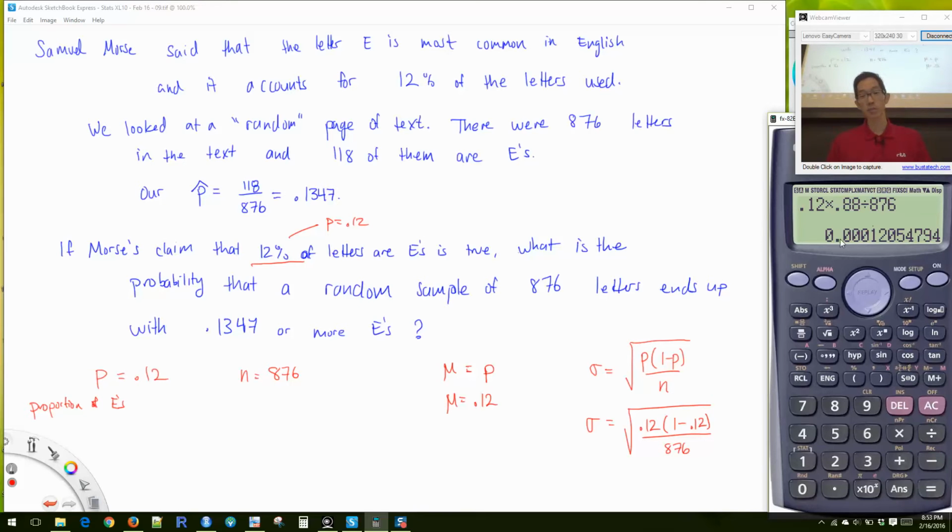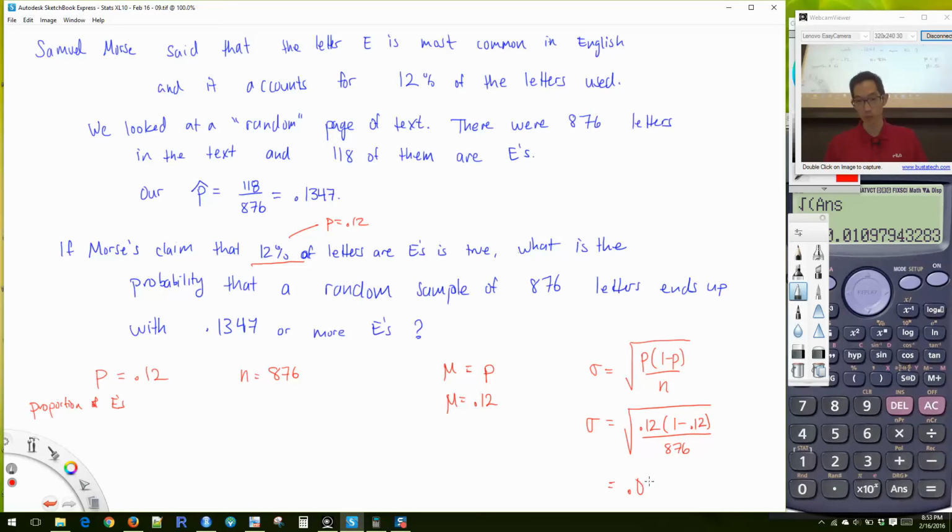If you have one of these style calculators, you can hit the square root button, and then rather than retyping, hit the answer button, which plugs this result into the square root. Then I hit enter, and the result is 0.010979. So that's my standard deviation, 0.010979.